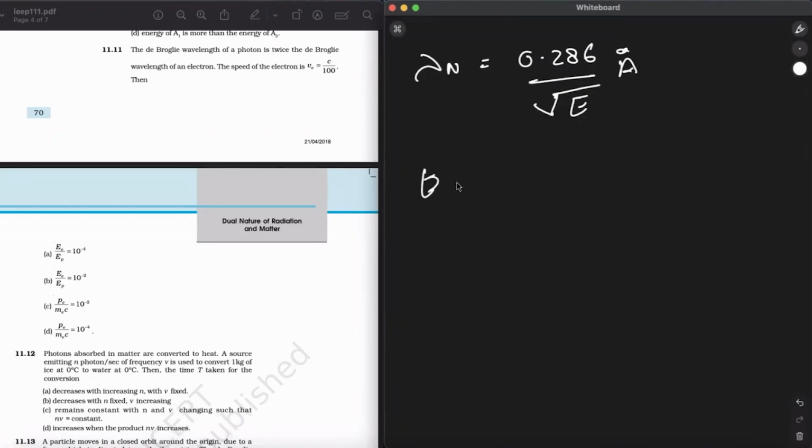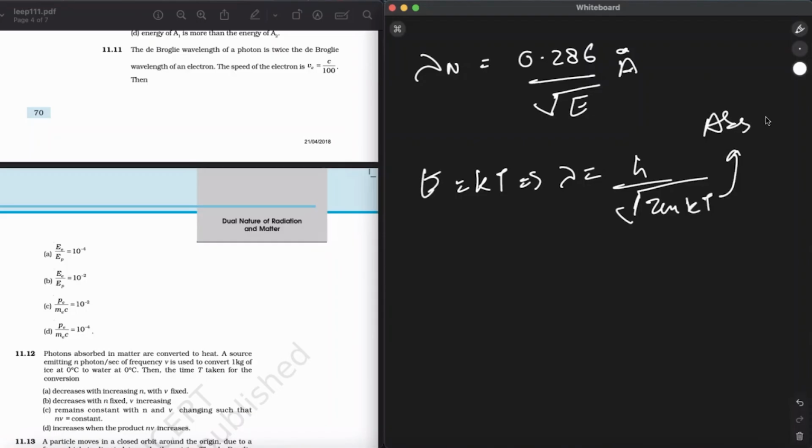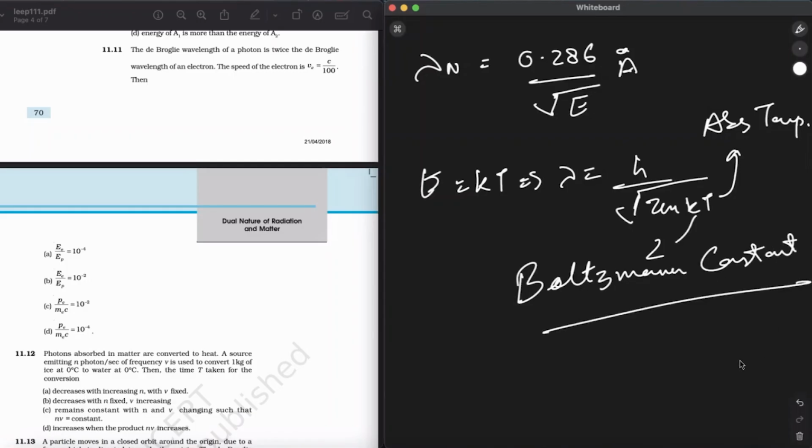So energy is equal to 3/2 KT, where T is the absolute temperature, and K is the Boltzmann constant. I hope you know this. Okay, calculations.